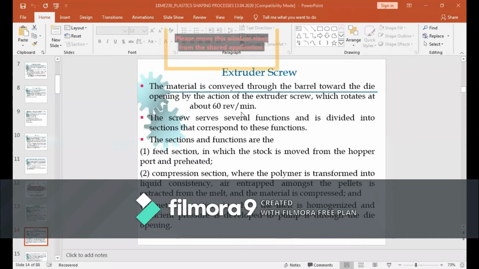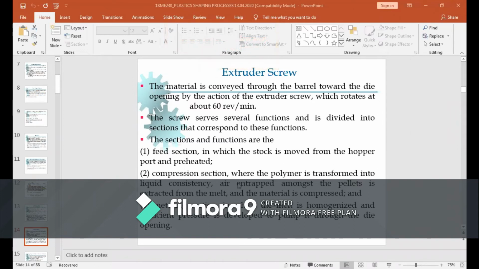That screwing action helps to melt. It will do mechanical mixing also, and it will provide heat for melting the pellet.